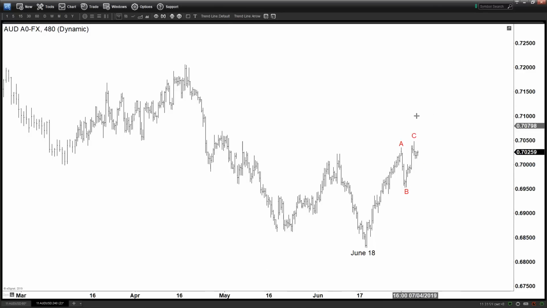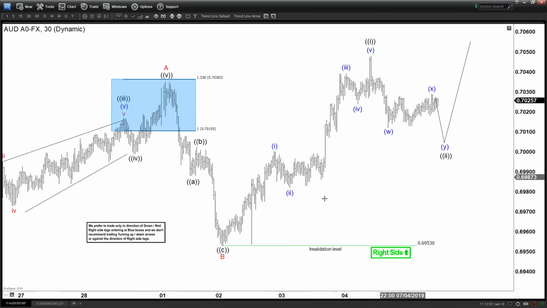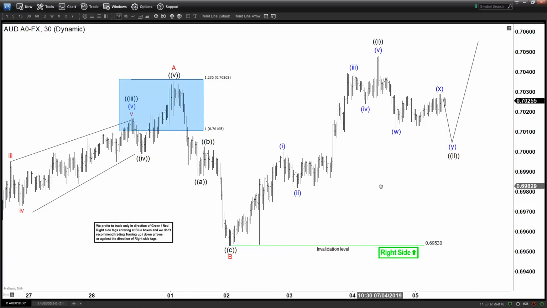So the bias here is that we can see US dollar weakness, of course, as far as it doesn't break below this July 2nd low, 0.6950.